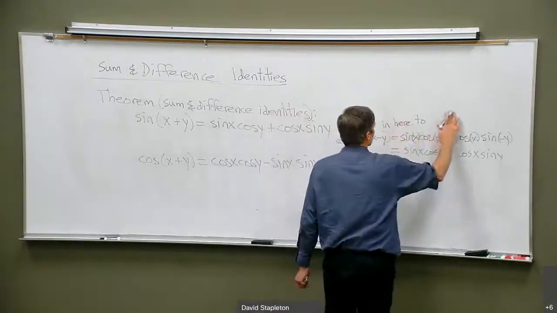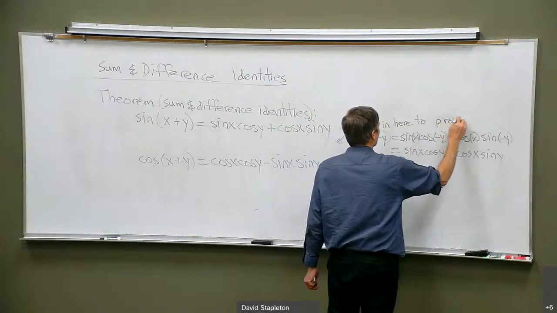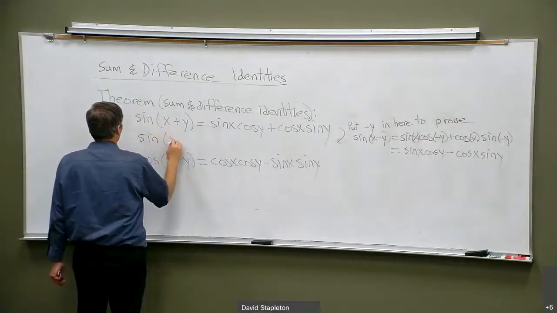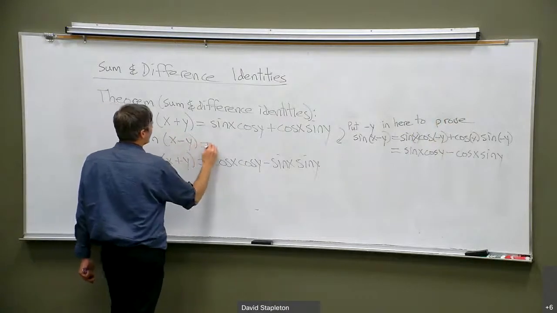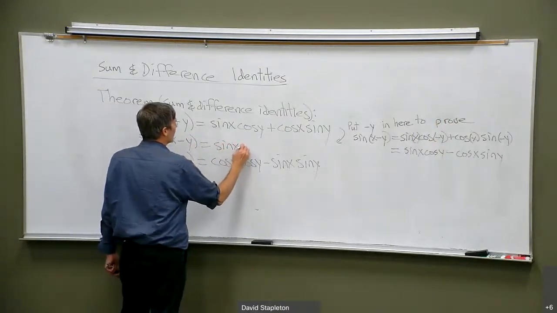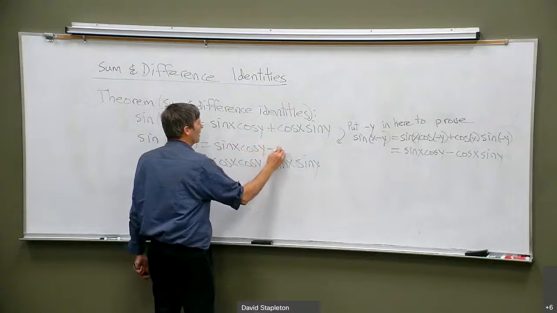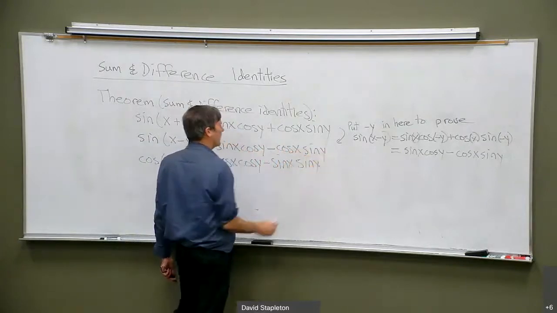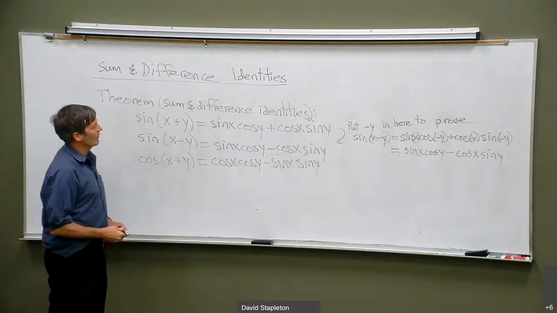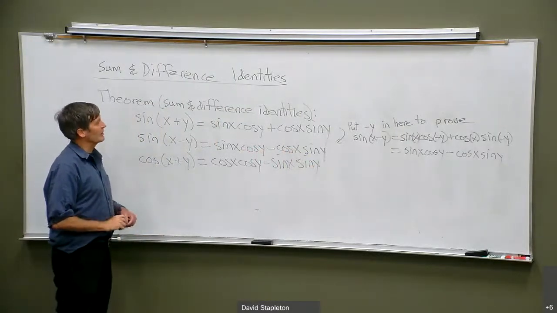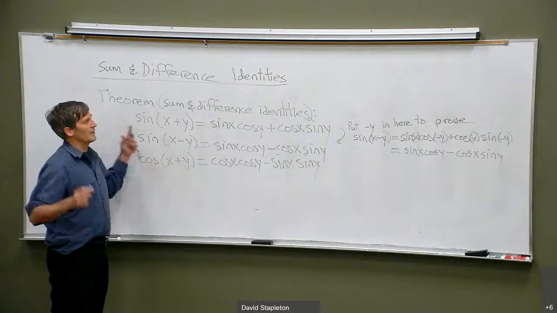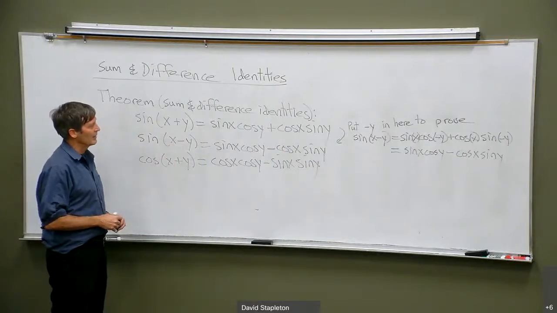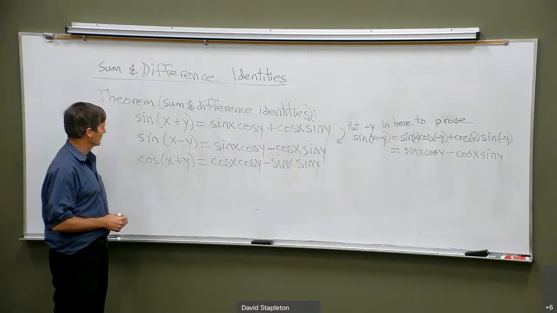Maybe I should say to prove that the sine of x minus y is sine cosine minus cosine sine. There it is. So even though there are going to be 4 identities, in some sense, if you can memorize 2, you can immediately get the others just because it's an obvious immediate application of the even odd identities.